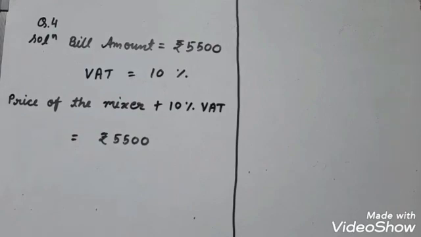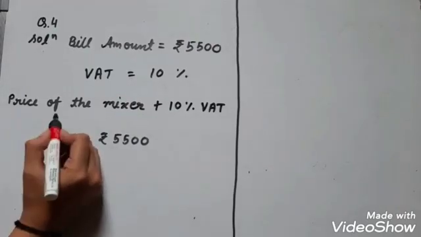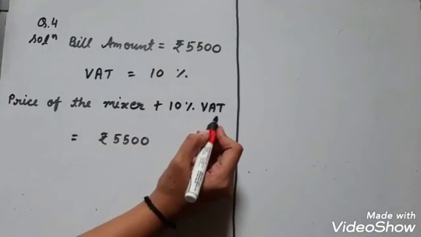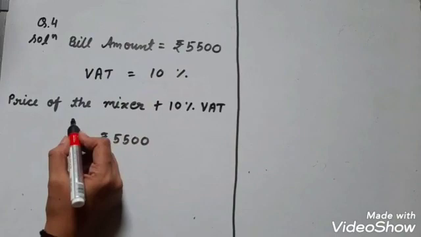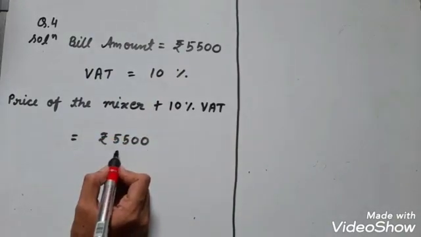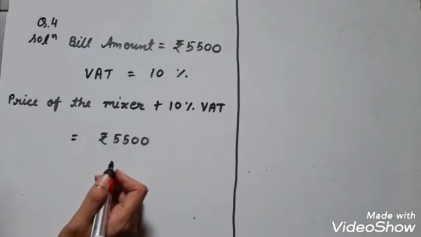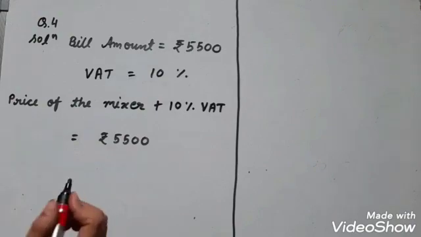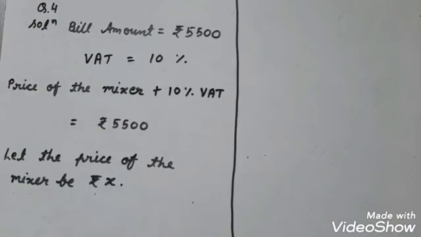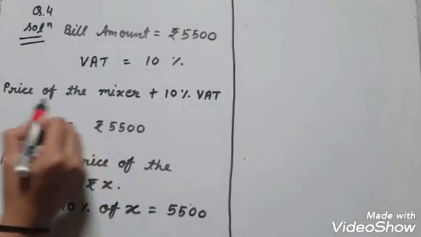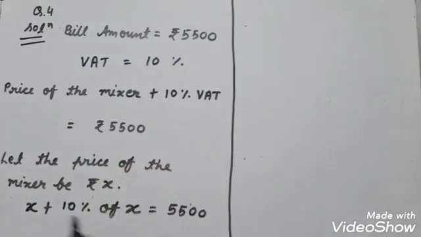Students, let's understand one thing, that original price of the mixer and 10% value added tax, if we add these two, we will get this bill amount. So we have to assume here original price of the mixer as X. So let the price of the mixer be rupees X. Now we will follow this formula and we will put the values.